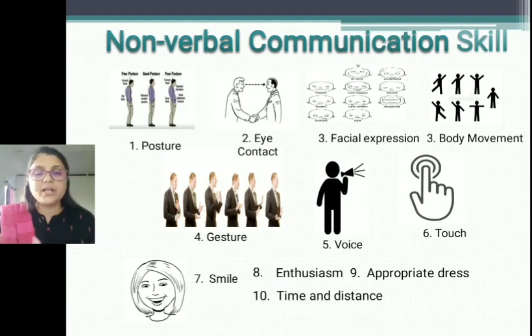I already told you in the previous class, in the practical session about seminar, conference, body language and physical appearance. And time and distancing, that is social distancing. In a public place, about 10 to 50 feet distance should be required, and in social distancing 4 to 5 feet. All these things you should keep in mind regarding communication skills.